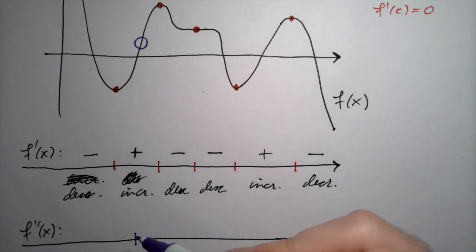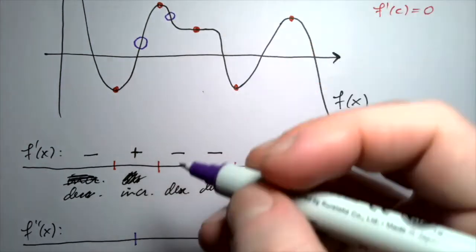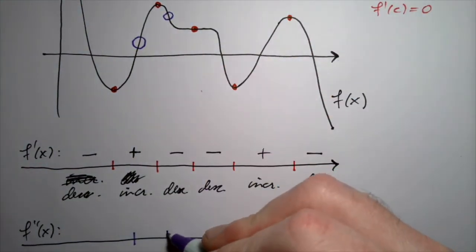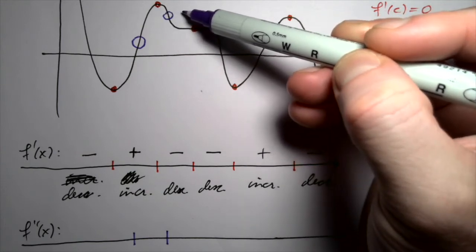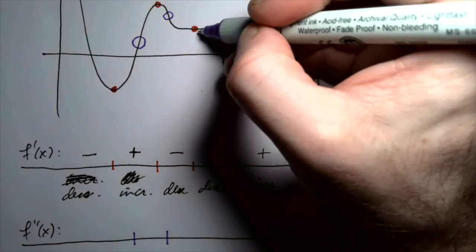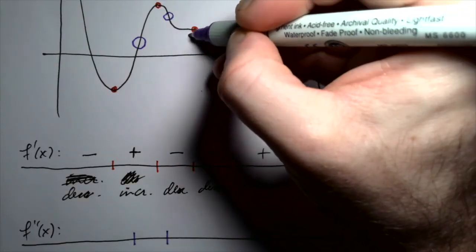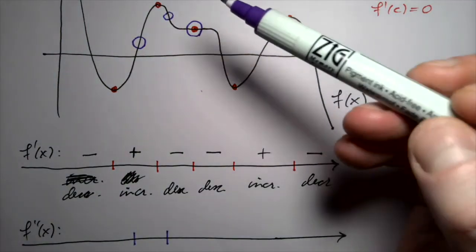So I'm going to accumulate all these spots where the second derivative changes sign, where it goes through 0. There's another spot. At this spot we change from concave down to concave up. And now this critical value is also a so-called inflection point. An inflection point is one of these spots where we change concavity.